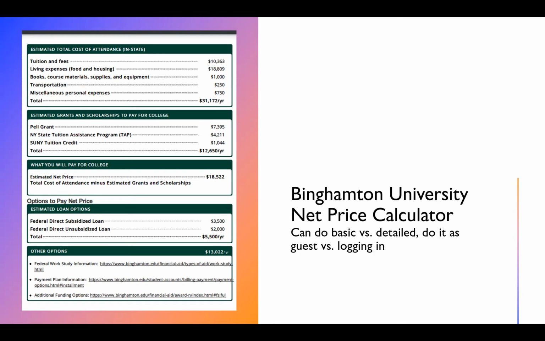So in this scenario, the family is getting some help from outside of their own finances. So the only cost that the family will need to pay is $18,000. And from that, the students are able to take a $5,500 loan, and it brings the cost down.